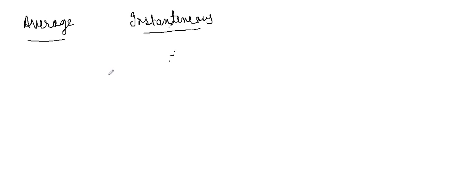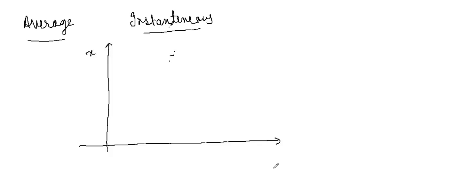Next part is how we calculate average and how we calculate instantaneous values in a graph. If a graph is given, suppose this is your graph, a graph of x and t.